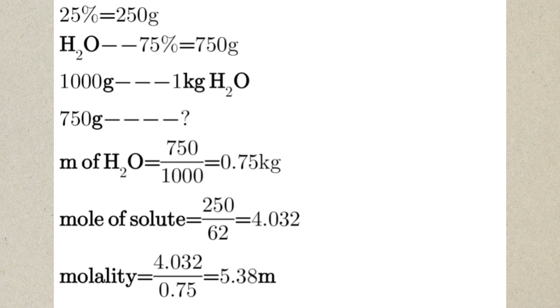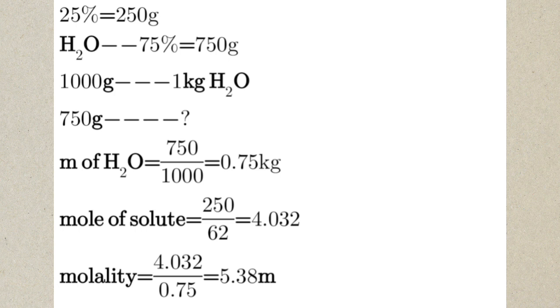And our mass of water can't be in grams because we need it in kilograms, since molality is the moles of solute over the kilogram of solvent. So if 1000 grams is equivalent to 1 kilogram of water, then 750 grams would be equivalent to what? Then we cross multiply and do our little arithmetic. So the mass of the water in kilograms is 0.75 kilogram.